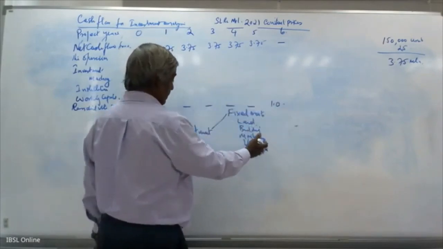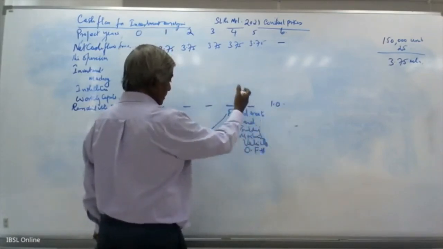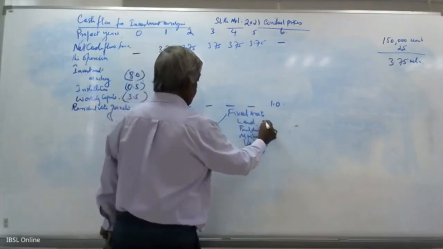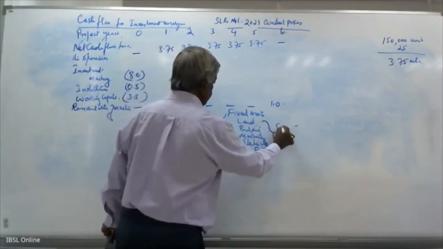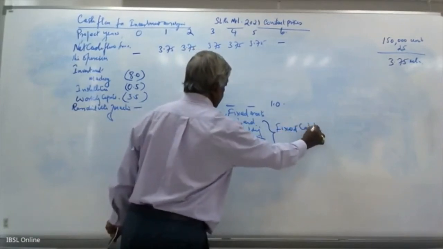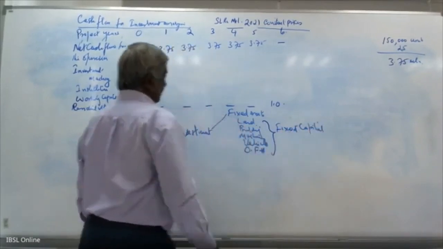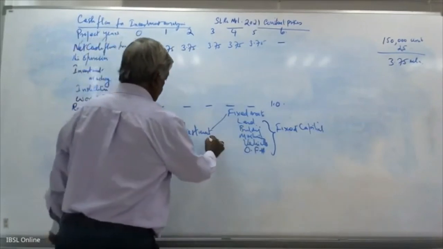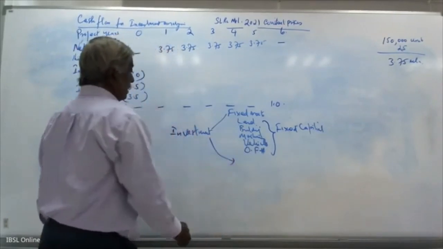These are other fixed assets. So these are fixed assets. So that we call fixed capital. Investment on fixed assets is fixed capital. And another one, current assets.